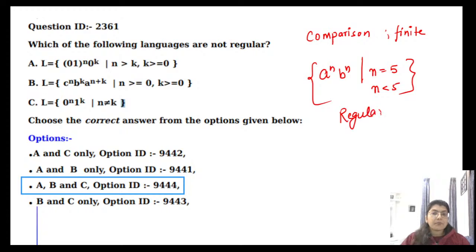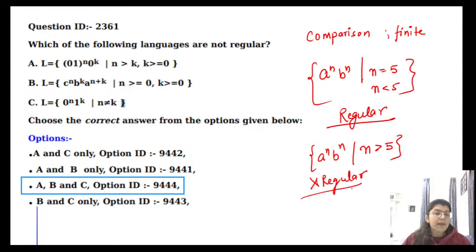But if I say a raised to power n, b raised to power n such that n is greater than 5, now n can go up to infinity, so this one is not regular. So if I have a finite comparison, understand this point, in that case only my grammar is regular.